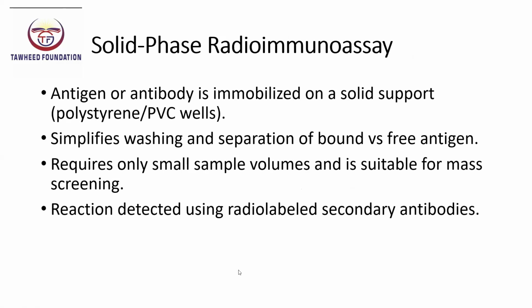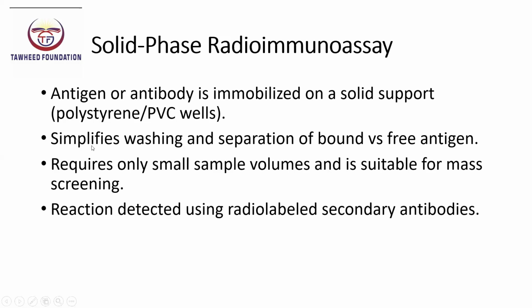Next is solid phase radioimmunoassay. The solid phase RIA improves upon the soluble phase format by immobilizing either the antigen or antibody on a solid surface such as polystyrene tubes, PVC wells, or microplates.